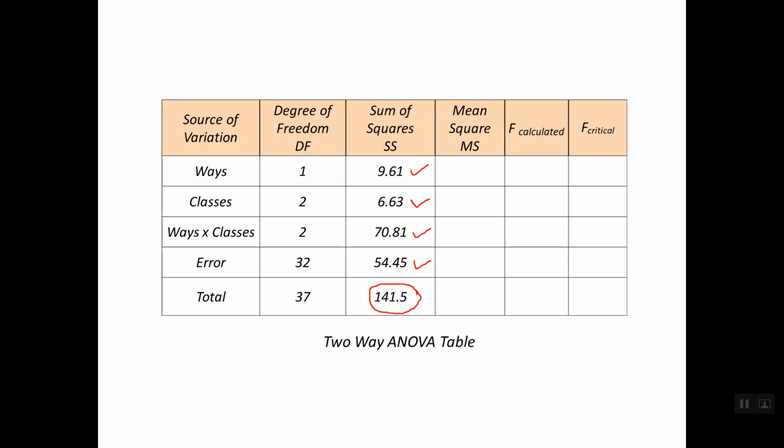What is needed now is to calculate the mean square, the MS. The formula to calculate the mean square is simply dividing the value of the SS by the degree of freedom related to that SS.